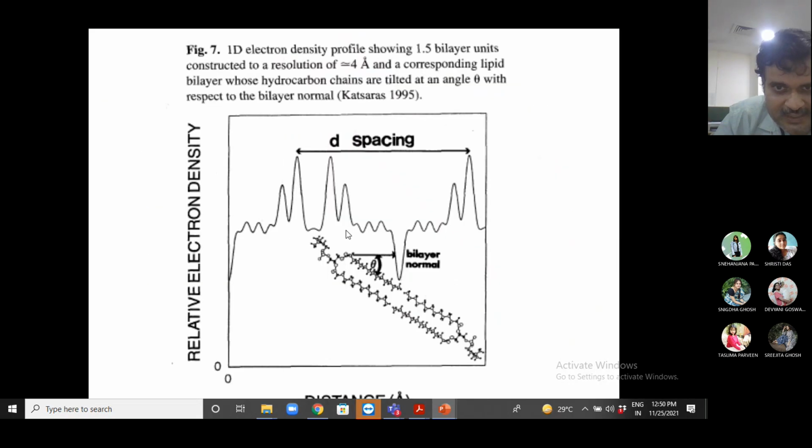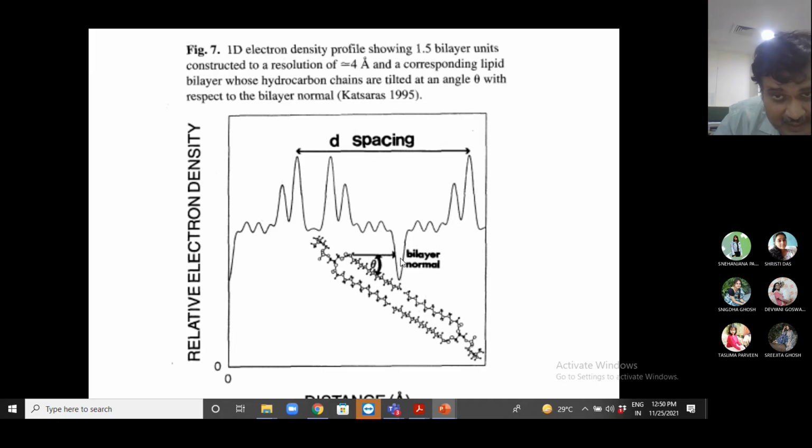You see there are two peaks over there. These two peaks are the two lipid bilayers, and the distance between them is the d spacing as we have discussed, and this is the bilayer normal, and this angle gives you the tilt angle. So this is the distance between the two phospholipid head groups, and this is how it is tilted. And you can see that one minimum is coming.